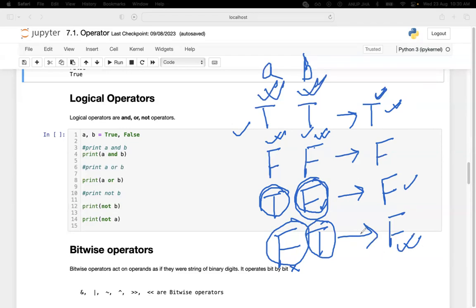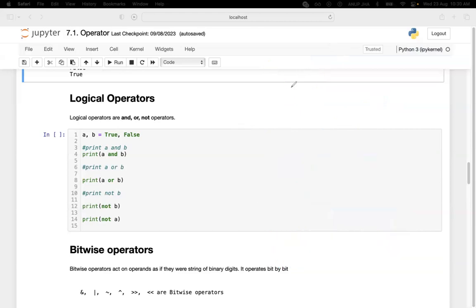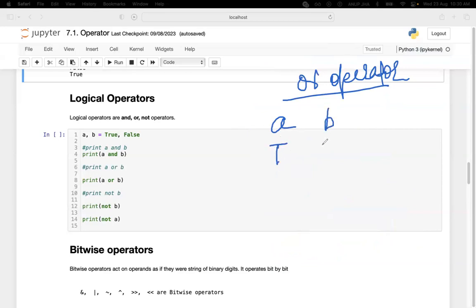Now let's understand the opposite of this, called the OR operator. How does this OR operator work? Let's take A and B. True, true, I will get true.